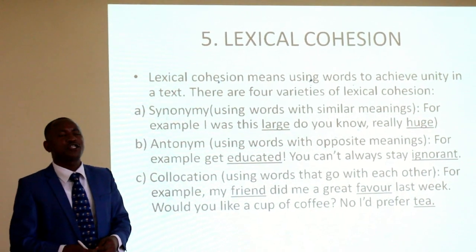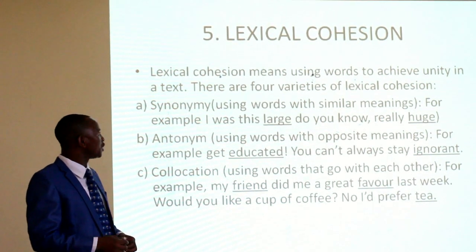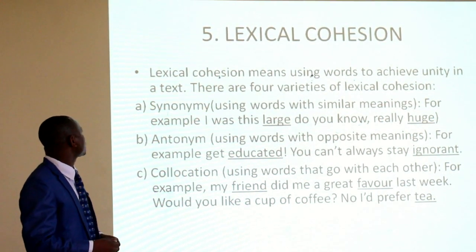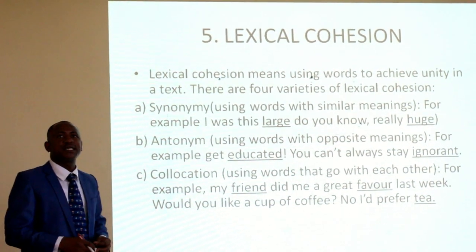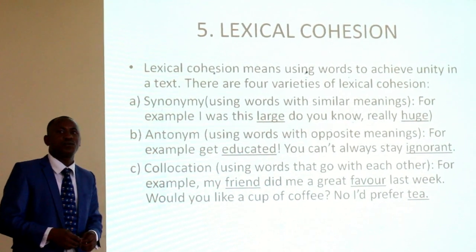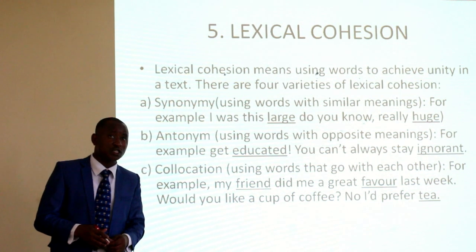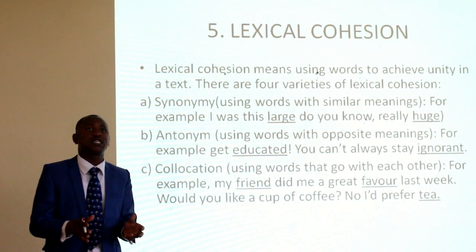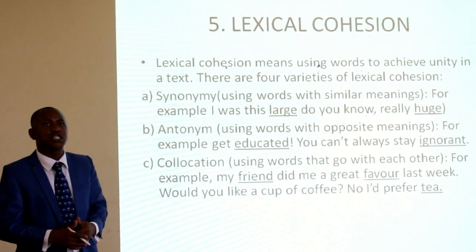The other way of achieving cohesion in a text is lexical cohesion. Lexical cohesion simply means using words to achieve unity in a text. There are four varieties or means of using words to achieve unity in a text.